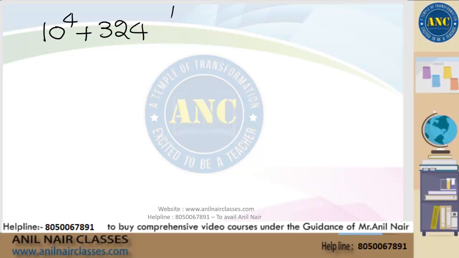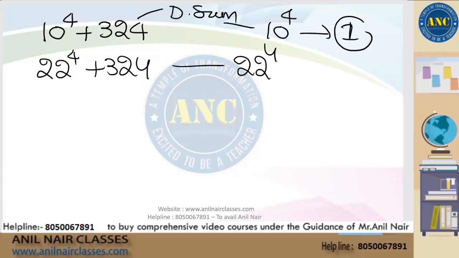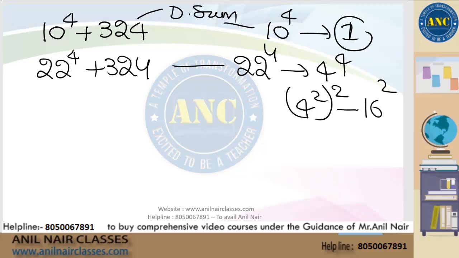The digital sum of these numbers is the same as 10 power 4, which is 1 plus 0, 1 power 4 is 1. First one. Similarly, 22 power 4 plus 324 is equivalent to 22 power 4. 2 plus 2 is 4. 4 power 4 is 4 square whole square. 16 square is 7 square, 49, which is 4.